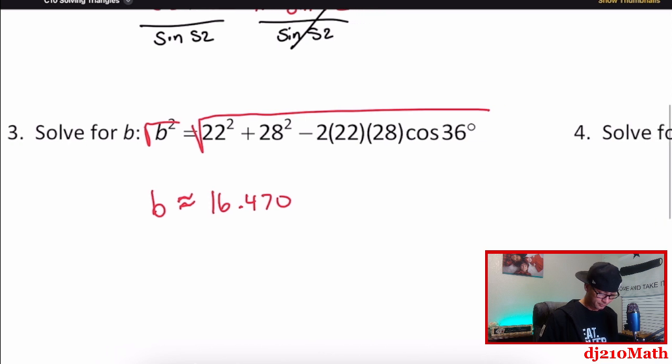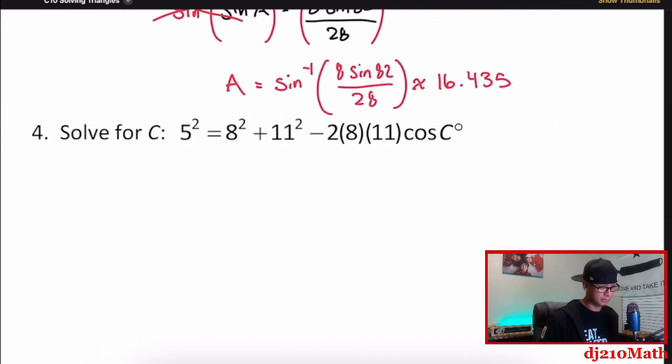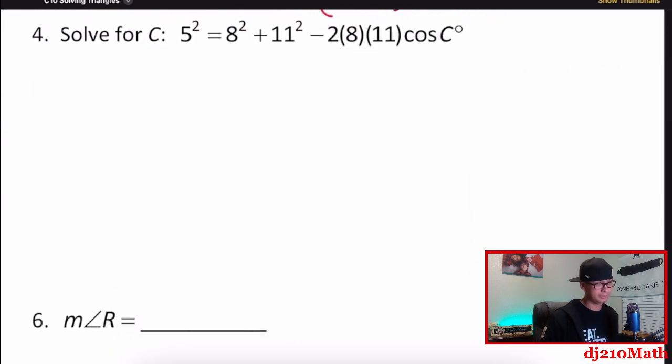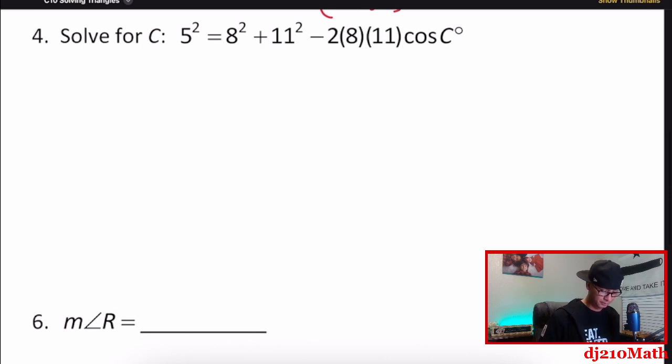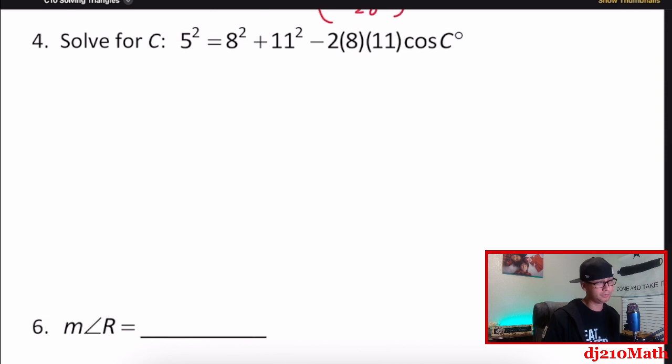Okay. Number 4. Slightly harder, because the angle is the unknown. So we're going to have to use inverse trig for sure at some point in the problem. Inverse trig is a must. It's the only way to get to the C. We can go about this a couple of different ways. We can simplify everything, or we can move everything and then simplify.